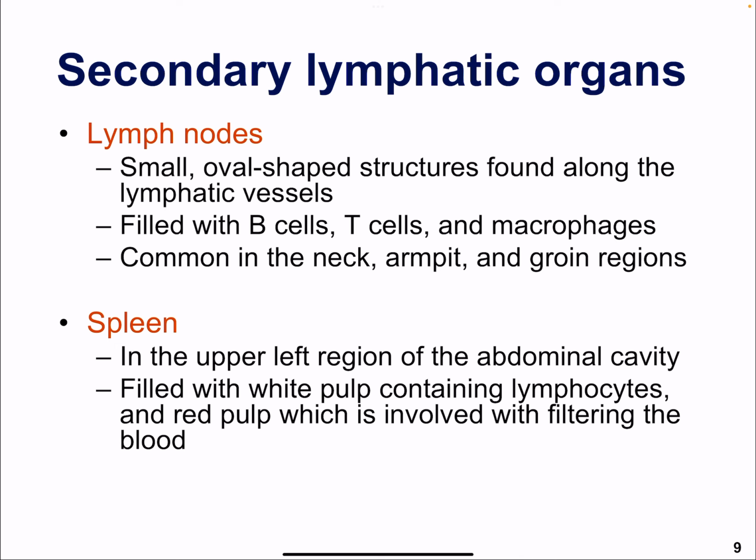The secondary lymphatic organs, the lymph nodes, are going to be filled with lymphocytes and, very importantly, B cells and T cells. Macrophages are going to be abundant in the lymph nodes in the neck, the armpit, and the groin regions.